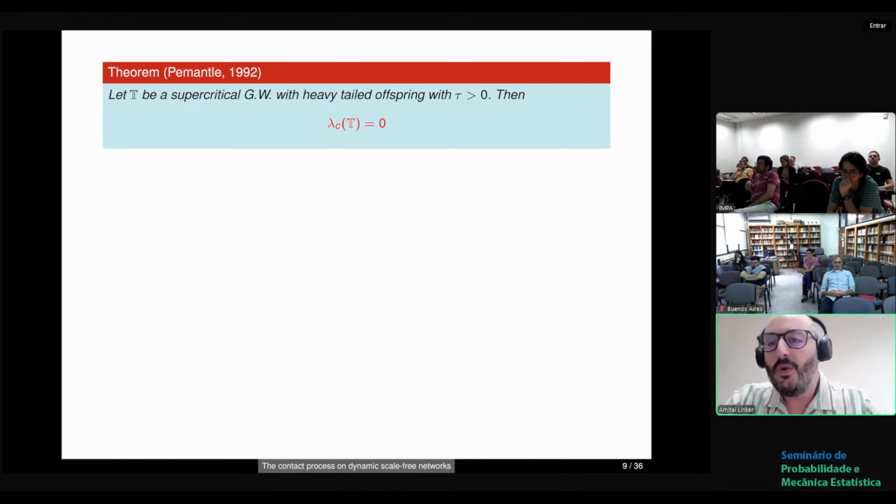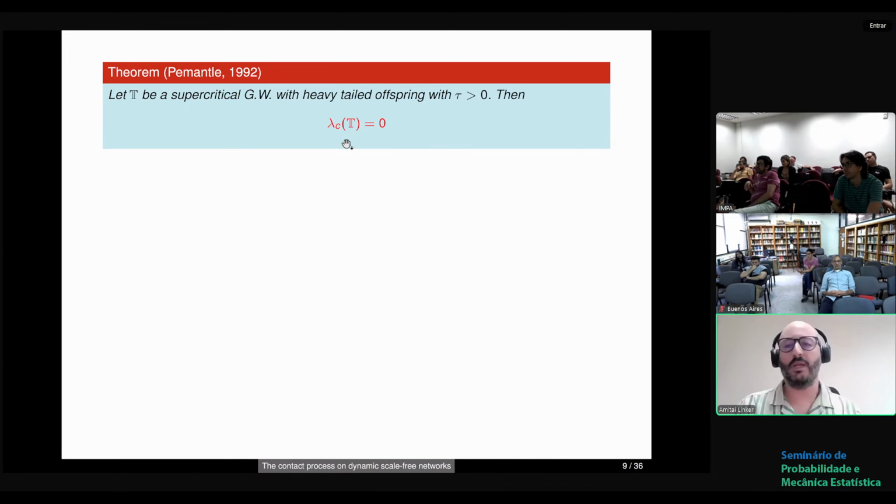Now, one of the key first results is this one, by Pimentel. Sorry, I have this button over here covering. If you take an infinite Galton-Watson tree with heavy tail offspring distribution, which is going to be scale-free, then what we're going to see is that the critical parameter of the infection is 0.